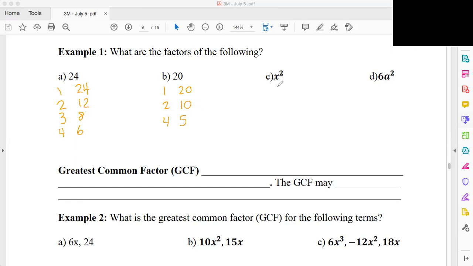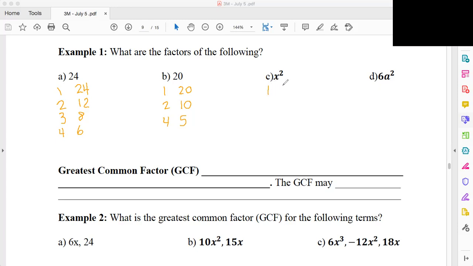If we look at x squared here, remember when we were expanding, there was that little invisible 1. If there's no number in front of our variable, just think of it as a 1 being there. We think of our coefficient first, the number that's in front of the variable, the letter.